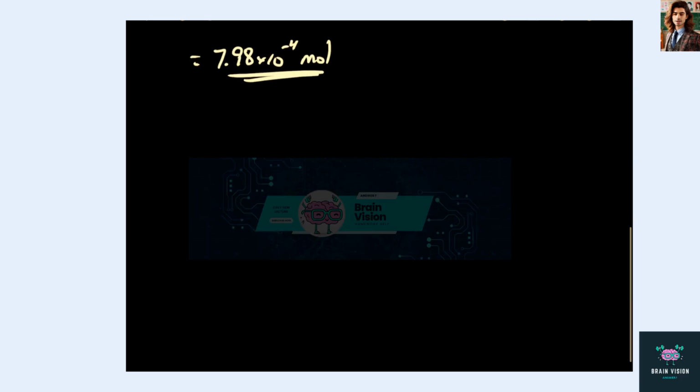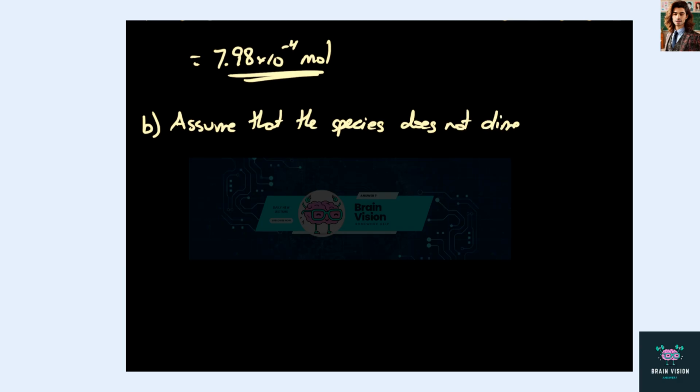at 35 degrees Celsius. For part B, stating the assumptions made, we're going to assume that the species does not dimerize.